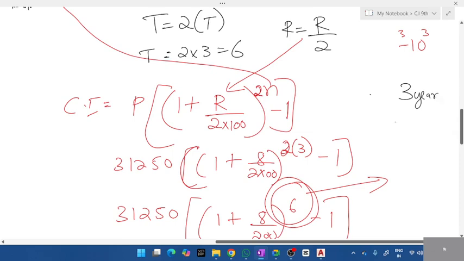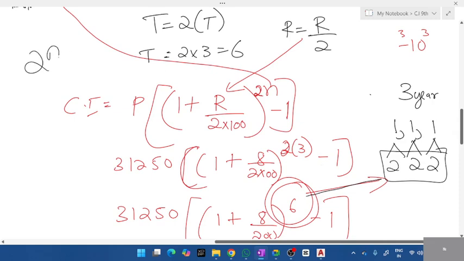In 1 year, we have two 6 months. Look here. For 1 year, 2 six months. For the next year, 2 six months. And for the third year, 2 six months. What's the total number of 6 months in 3 years? 6. That's the meaning: 2 into 3. That's the reason you multiply time. Remember this, for time we multiply 2 into n. Don't forget this, students, 2 into n. For rate we divide, R divided by 2.